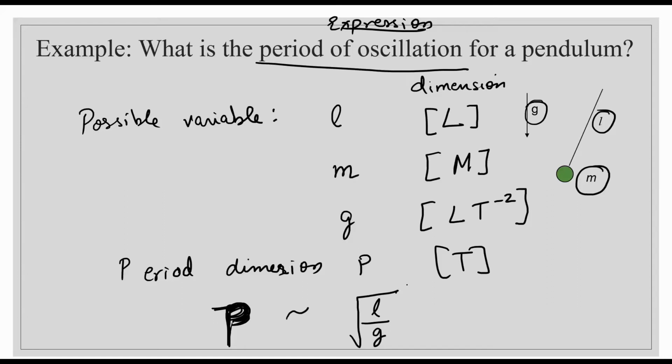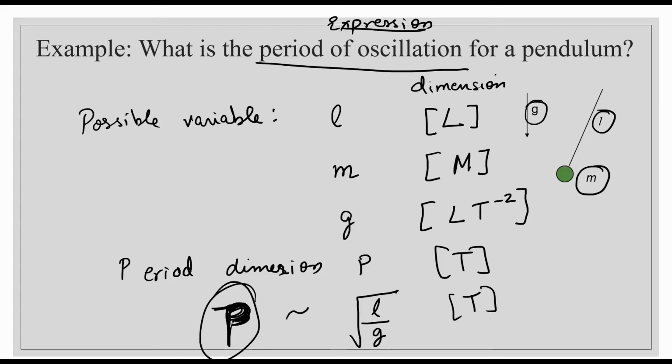Its dimension will be equal to, this is L, and g is given over here, and if you divide, you can see that its dimension will again be T, which is the dimension of this period P.